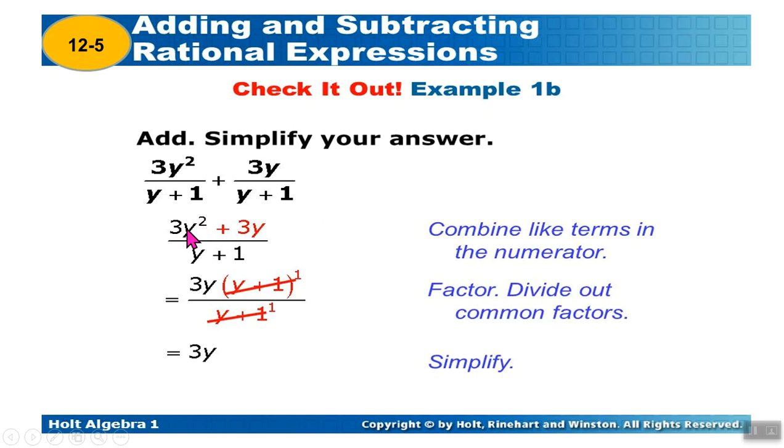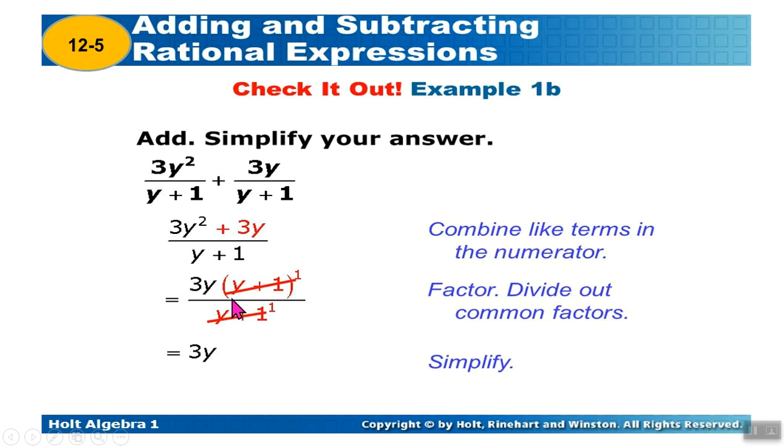If we put 3y outside and open parentheses, from here we still have y, and here we have 1, because 3y times 1. If we put the 3y out, then 1 is left. So what is the numerator now after we factorized it by the common factor?